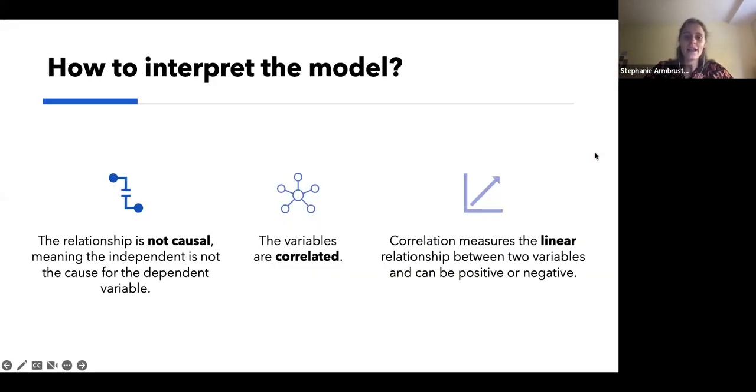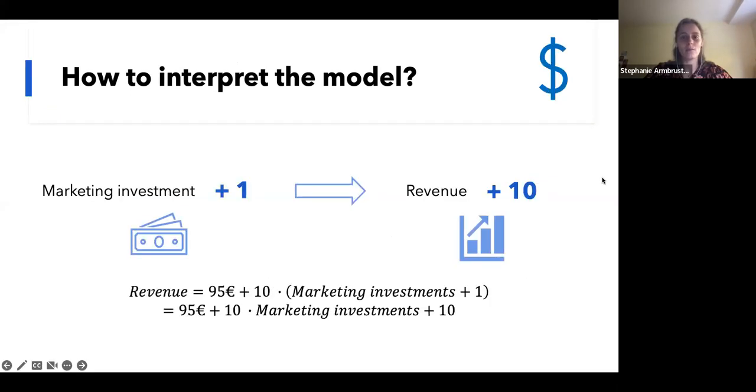So yeah, coming back to regression and wrapping it all up, we know that a regression model cannot be interpreted as causal, but it is associational. The variables are, as I said, associated, they are correlated with each other. And with the correlation, we measure the linear relationship between the two variables, and nothing more.